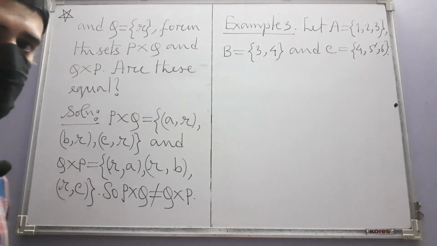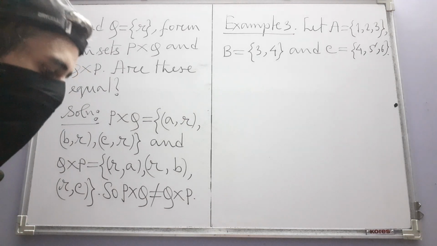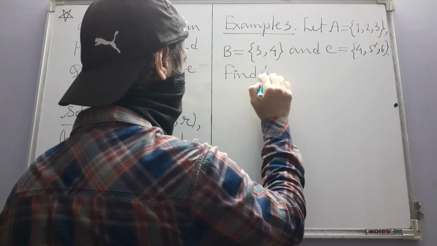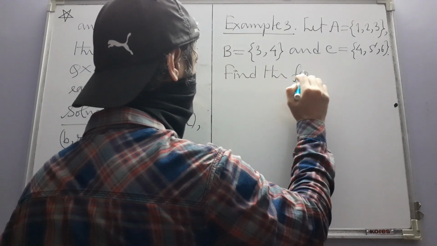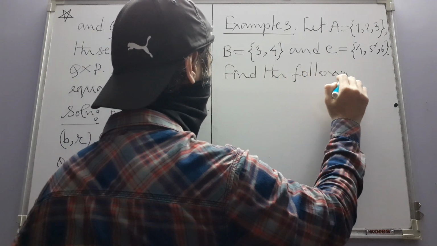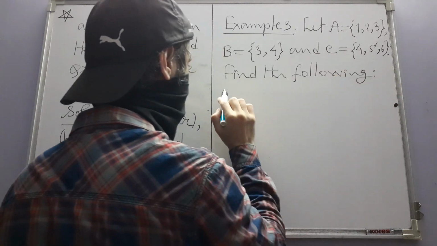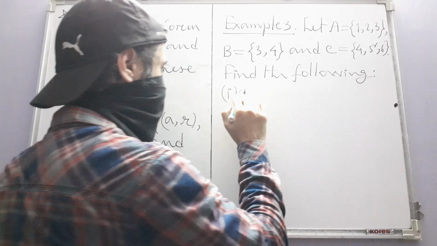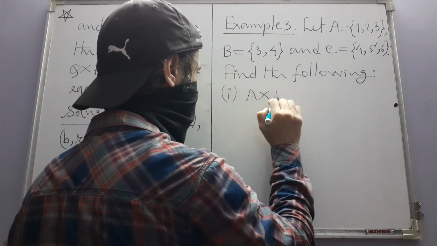Now we have been asked to find some products. Find the following. Number 1, A times (B intersection C).